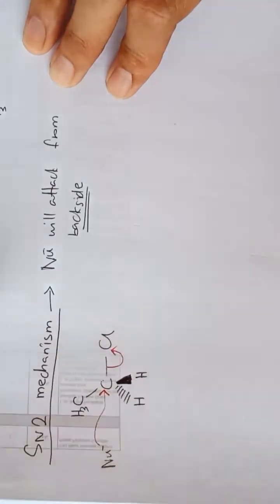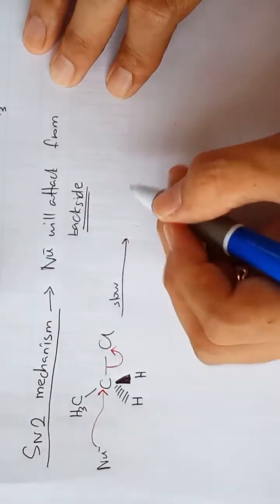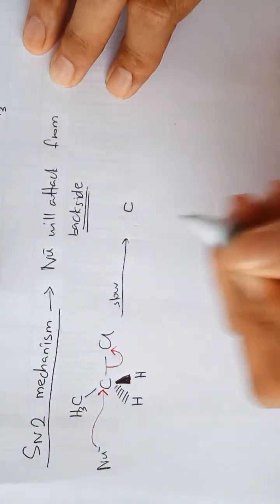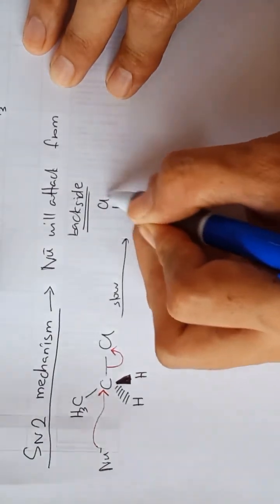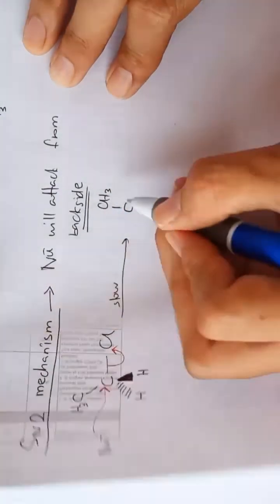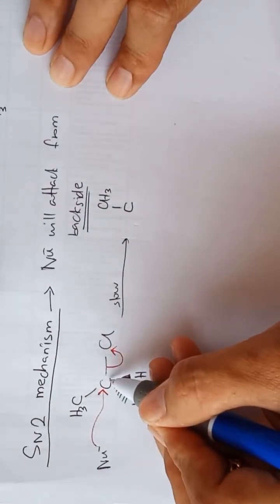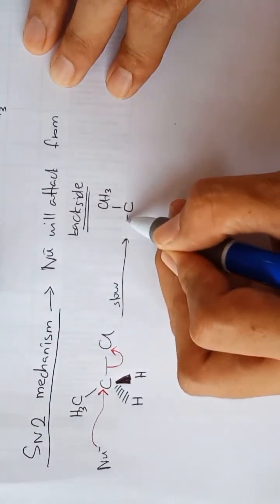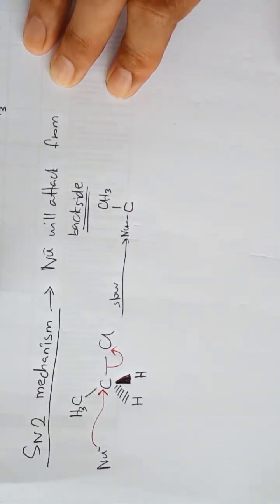So this will be a little bit slow reaction. We will form an intermediate here, an activated complex. When this nucleophile tries to make a new bond with carbon, it is partially bonded.